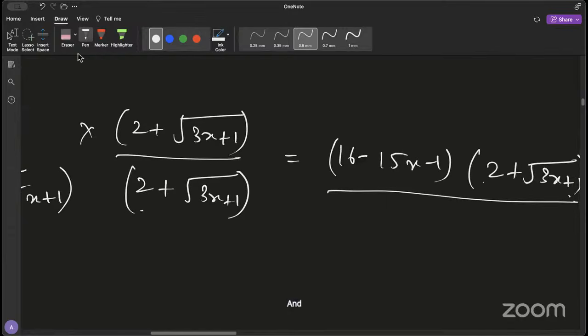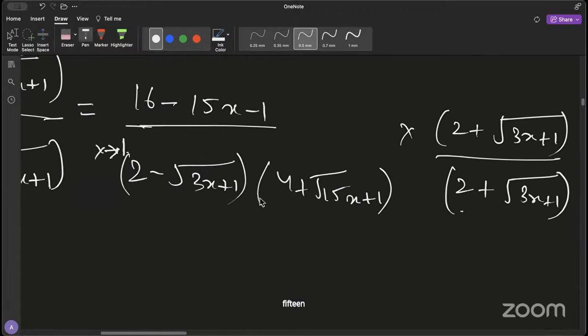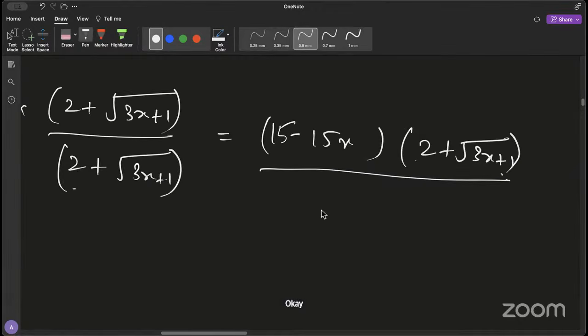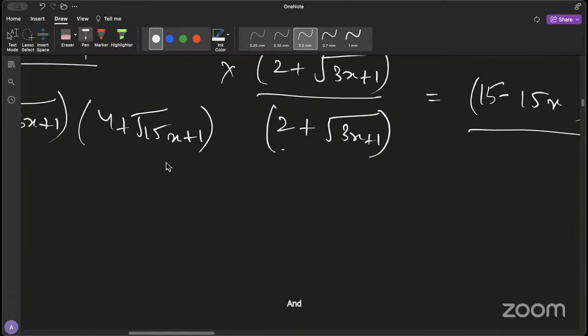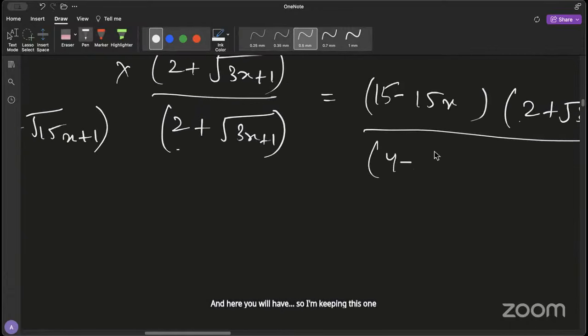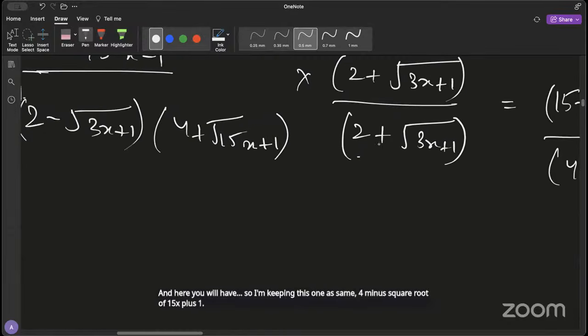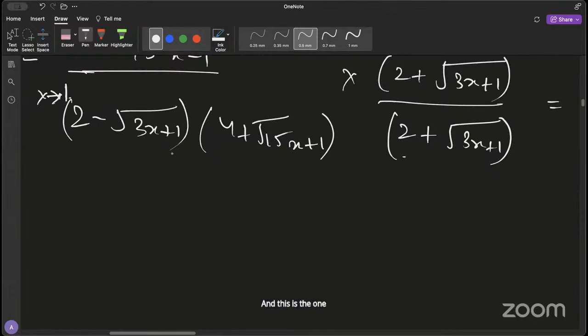And I can write this as, okay, this is just 15. And here I'm keeping this one the same, 4 minus square root of 15x plus 1. And this is the one that's supposed to rationalize this one.